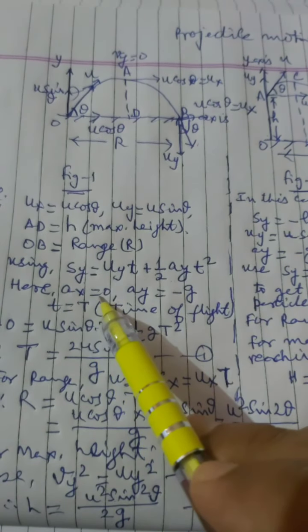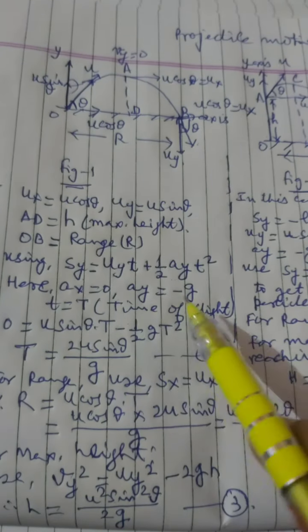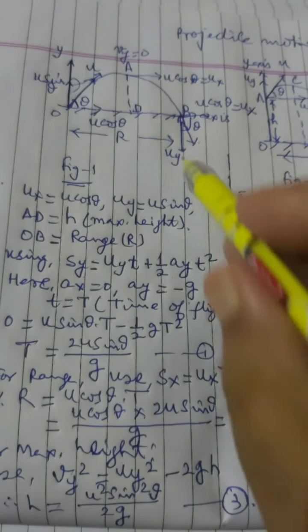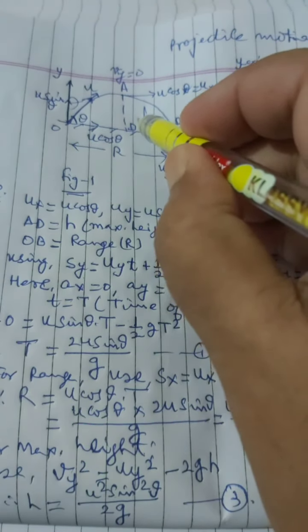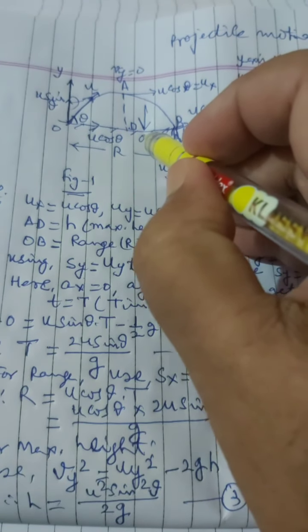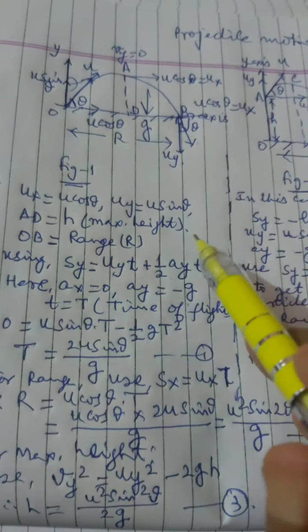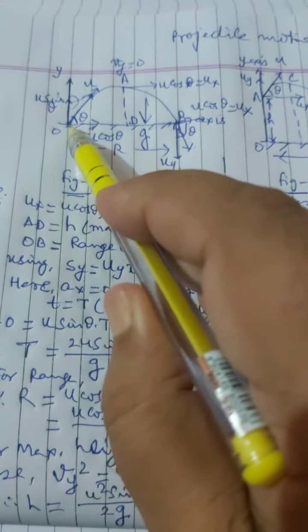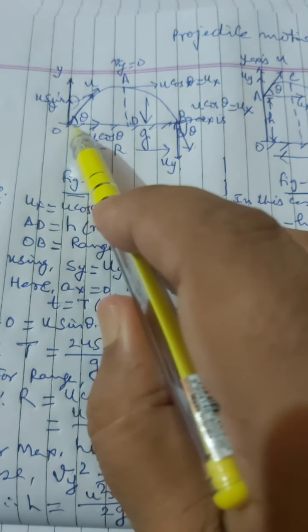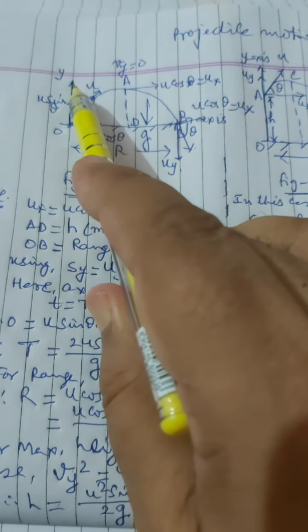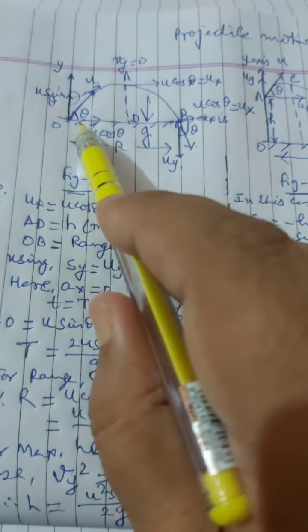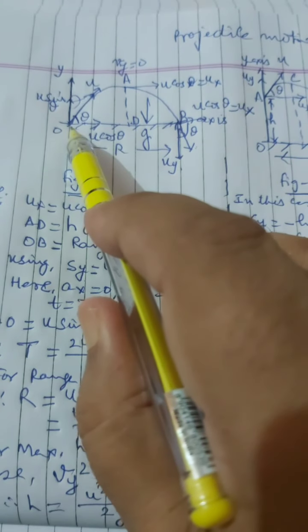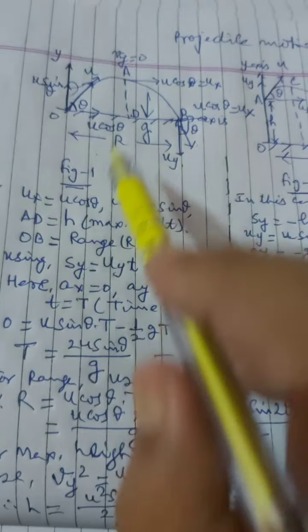So Ax component is 0 and Ay component will be minus g, that is acceleration due to gravity is downward, negative. So take from x axis upper position is positive, and here horizontal right from O is positive.